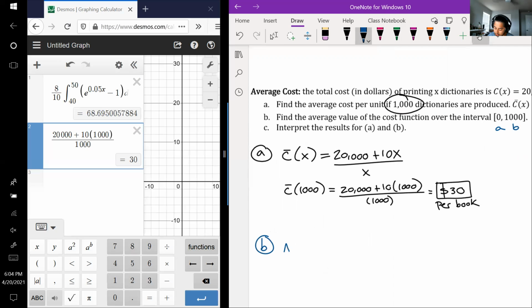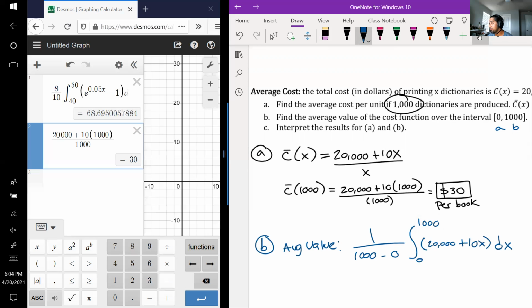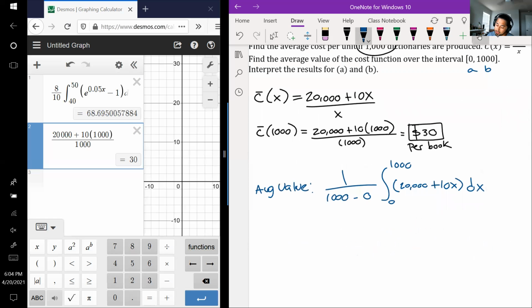So I'll just say here, average value, and we're going to get 1 over 1,000 minus 0 times the integral from 0 to 1,000 of our cost function, 20,000 plus 10x dx. Okay, there it is. Our integral is set up. Let's go ahead and find the antiderivative.